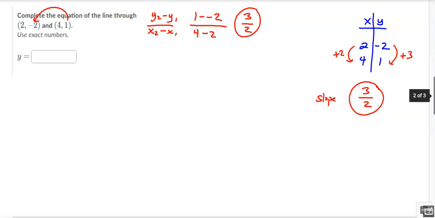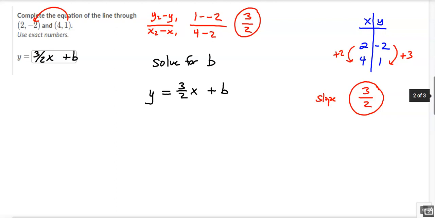It's called the solve for b method because I kind of know how to start the equation. I know it's y equals 3/2 x, but I really don't know what to put in for b. So here's what I can do. I have y equals 3/2 x plus b.